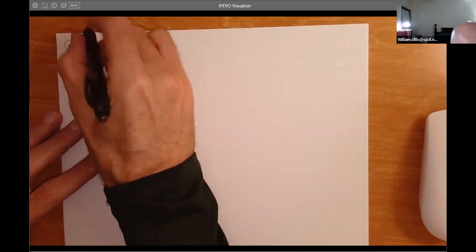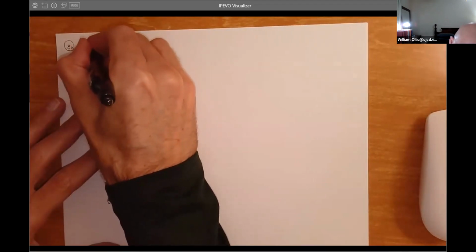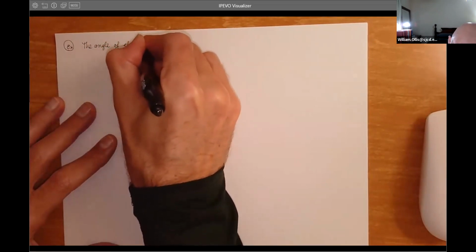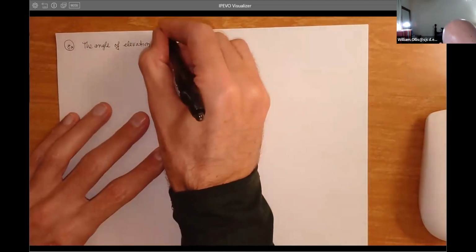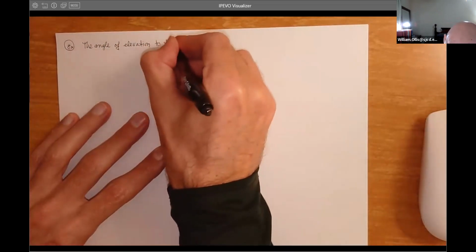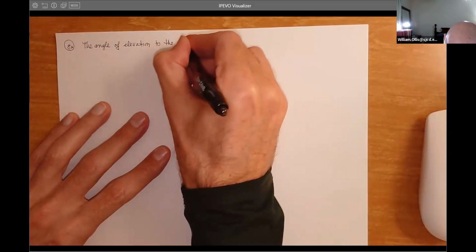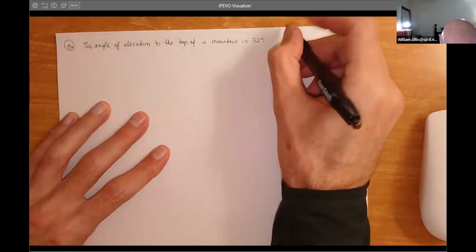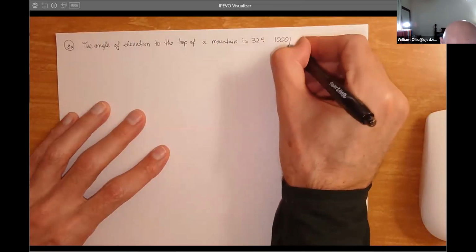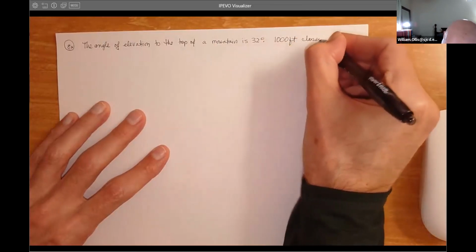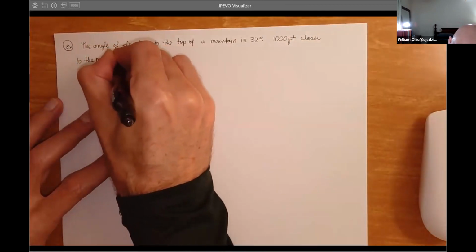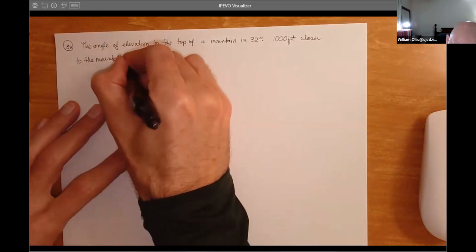Example. The angle of elevation to the top of a mountain is 32 degrees. 1,000 feet closer to the mountain, the angle of elevation is 35 degrees.